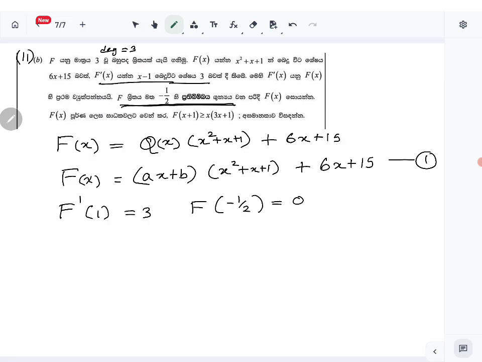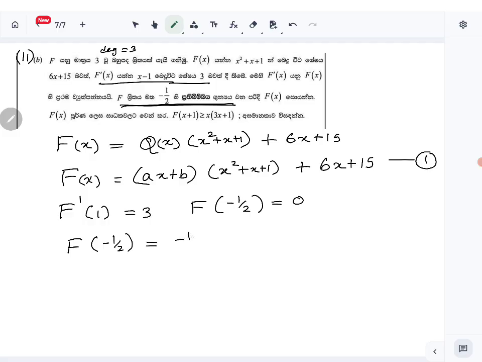So we can use those two things to create a couple of equations for a and b, then solve them simultaneously. So let me use this one first. f of minus half is 0, so let me substitute minus half into equation 1.